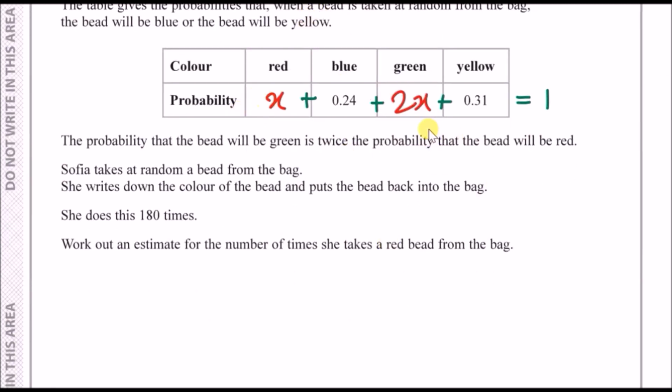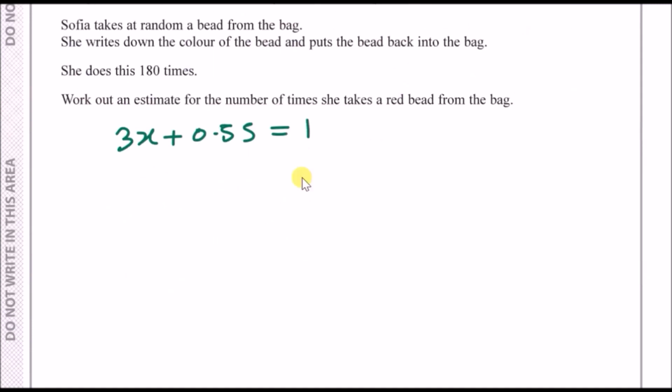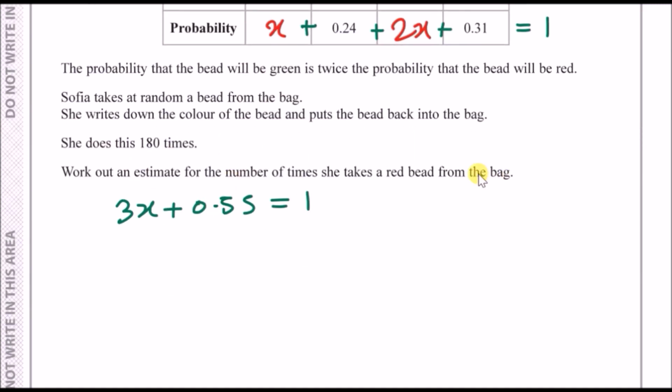So we can say that X plus 2X will give us 3X. We can say that 0.24 plus 0.31 will give us 0.55. And we know all of that equals 1. Now rearranging this carefully, I will subtract 0.55 to get 3X equals 0.45. And then I'll divide by 3 and that gives us 0.15.